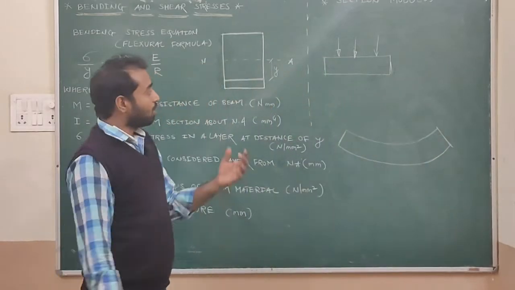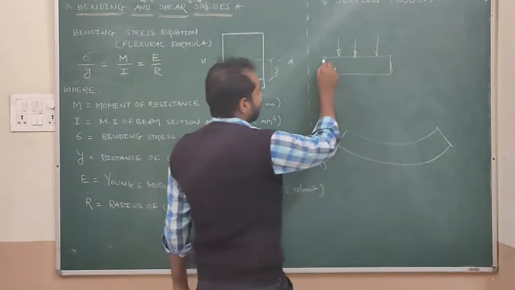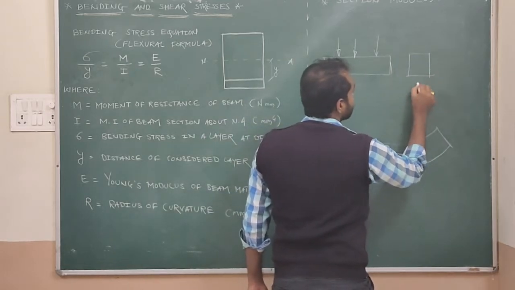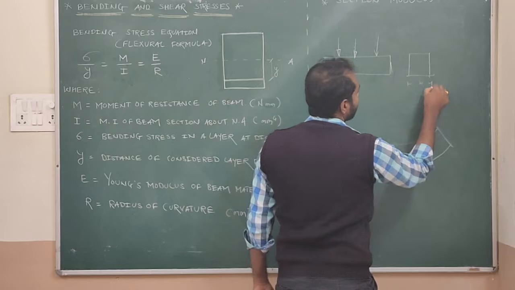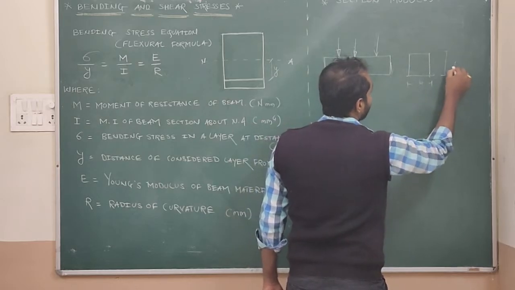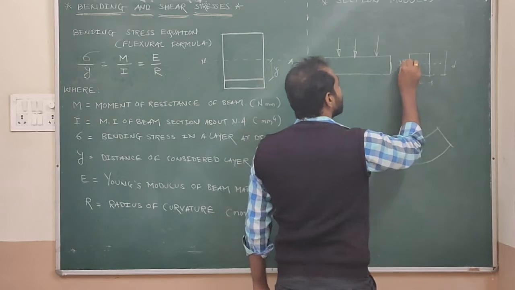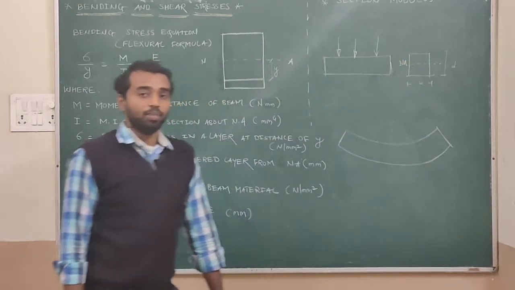If I draw a cross section for this beam, then this will be the width of my beam, this will be the depth of my beam, and somewhere here is the neutral axis of my beam.